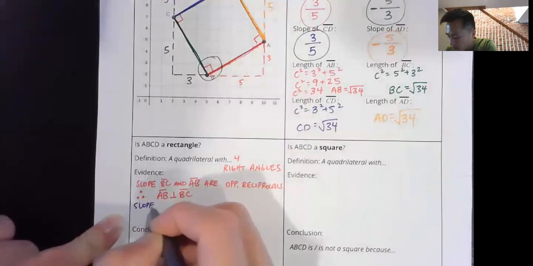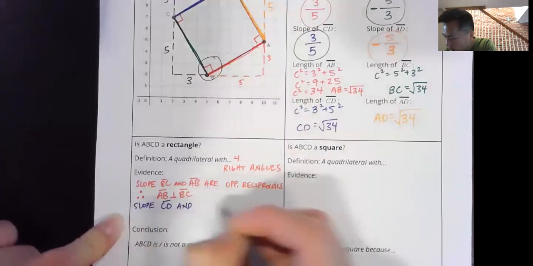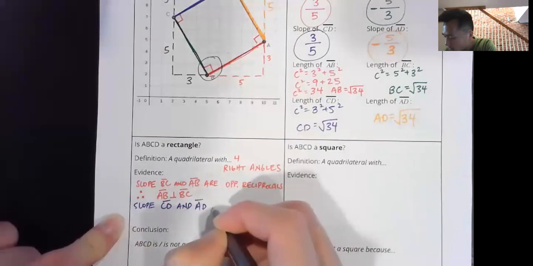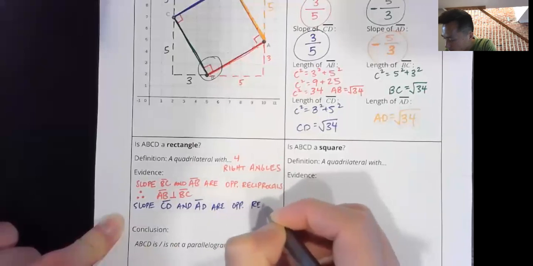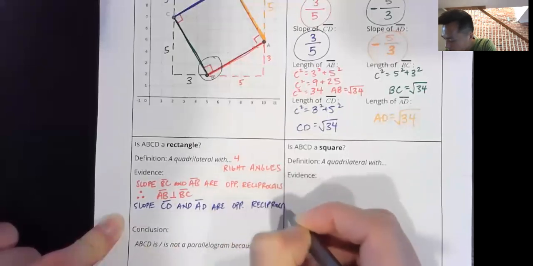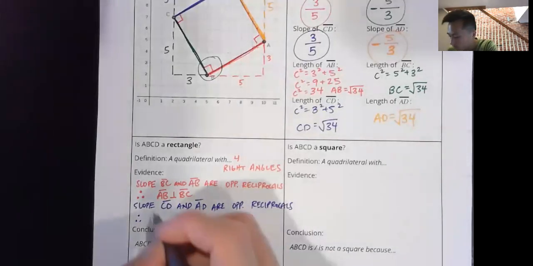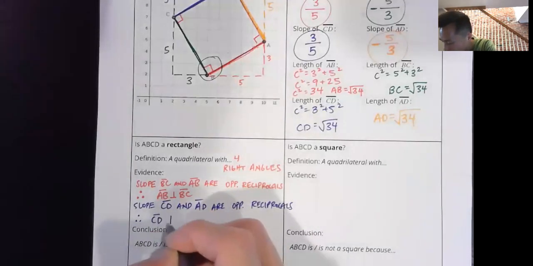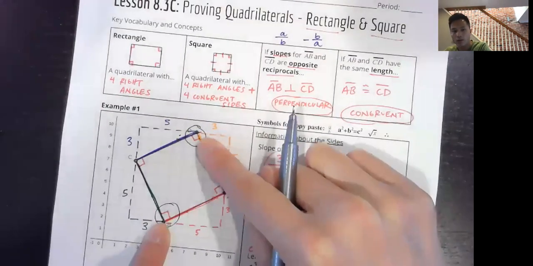Slope of CD and AD are opposite reciprocals. Therefore, CD is perpendicular to AD. So now we've proven this right angle.